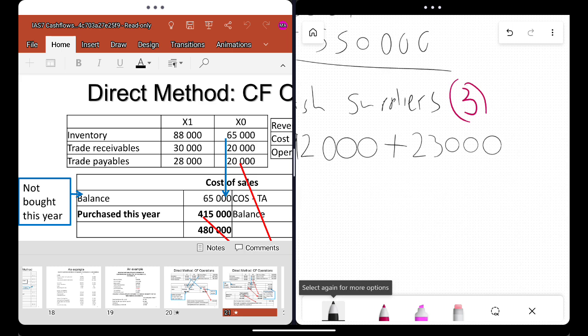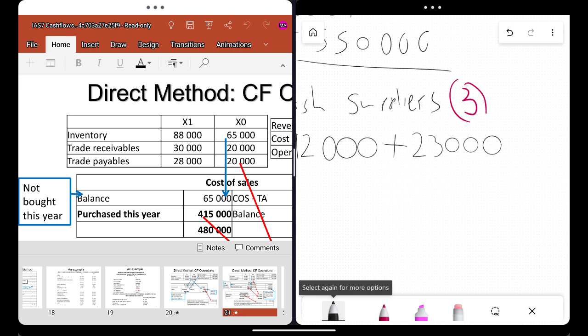The last component we're going to do is your trade payables. When I look at trade payables, I see it increasing. Most of the time, it'll increase. What happened here? You owe money to your suppliers. With cash paid to suppliers, we're dealing with how much product we bought from them, and also how much we paid them. So if your trade payables, the amount owing to suppliers, went from 20,000 to 28,000, think about what happened here.